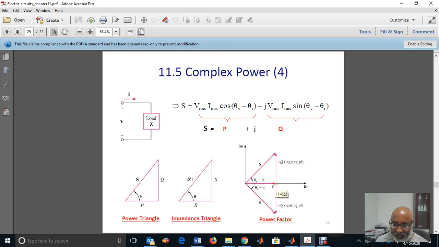So the vector P plus the vector Q form a right angle here, and the resultant vector is S, which is the complex power S. And S cosine of theta V minus theta I is P. S sine of theta V minus theta I is Q. And remember, cosine of theta V minus theta I is the power factor. And for the leading power factor, it is the same, but Q is negative here, and the resultant vector will be this one.